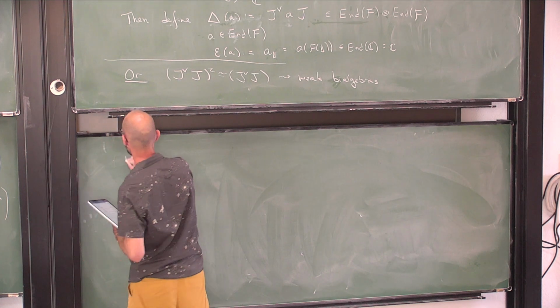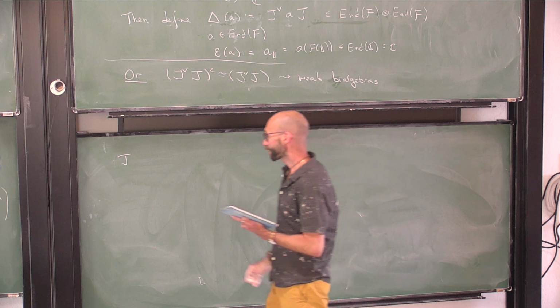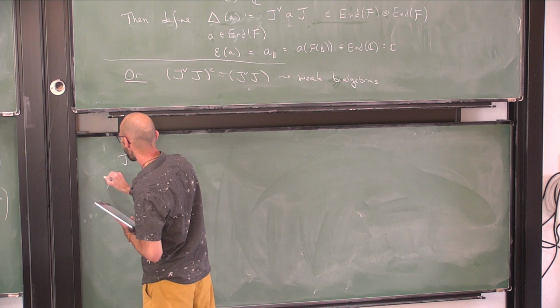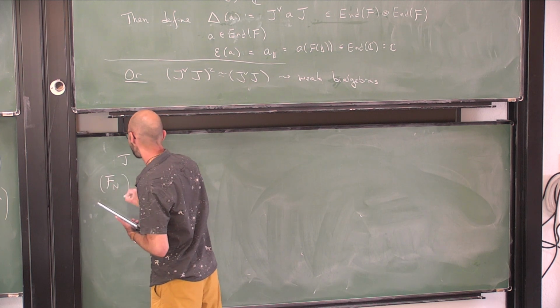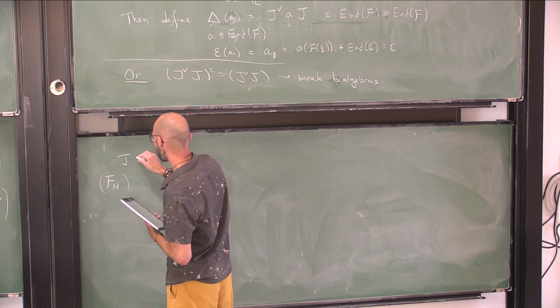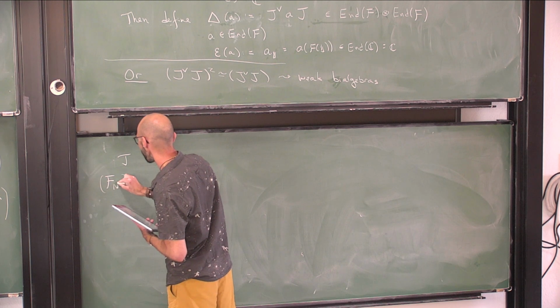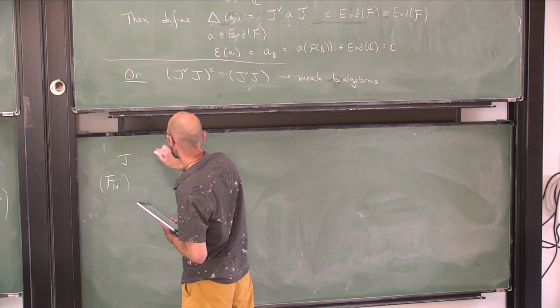That J, the natural transformation between tensoring before and after the fiber functor. Let's do it for, say, Fn. It really doesn't matter. J looks like this.